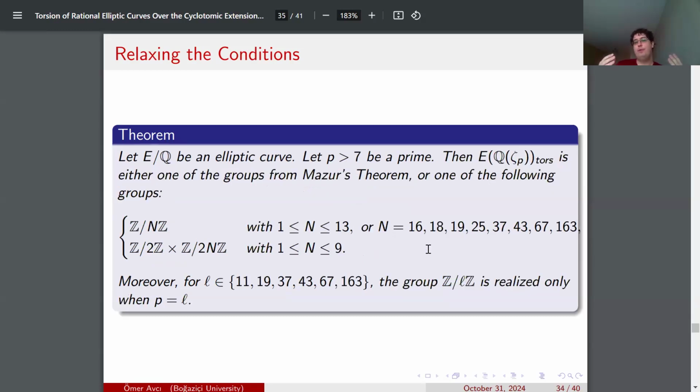And finally, if you remove all conditions and look for any prime, then again, you get a longer list, basically. It is possible, but again, if you fix a specific P, then the problem is much harder than in each specific P, you can make the list very short or not very short, depending on the P.